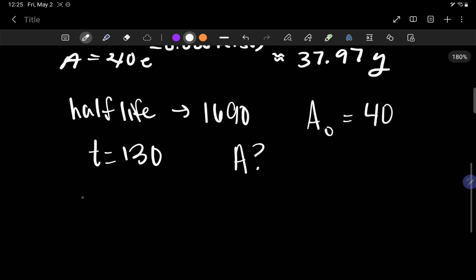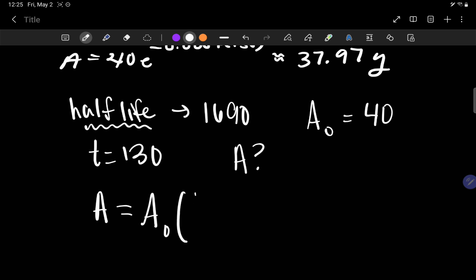Okay, so the formula I use is, we have some initial amount. When we're dealing with half-life, the base of our exponent should be half, because each time we're keeping half.